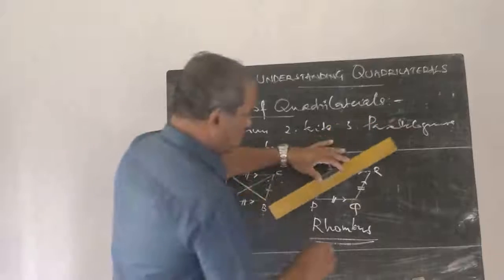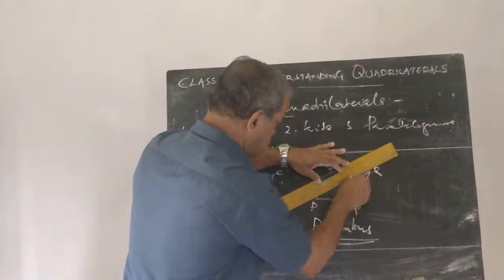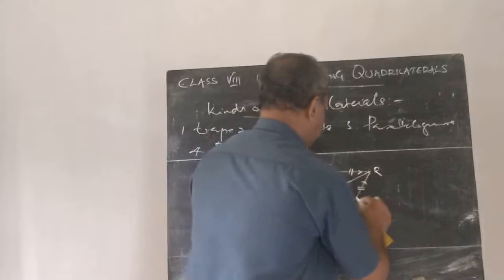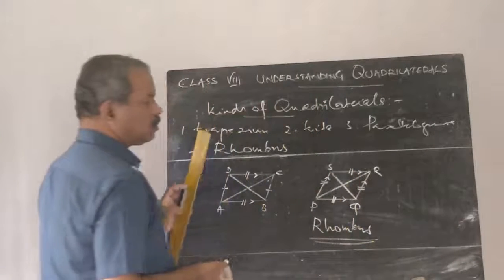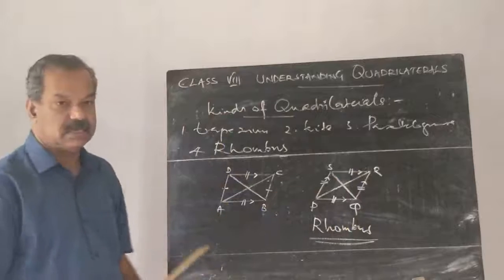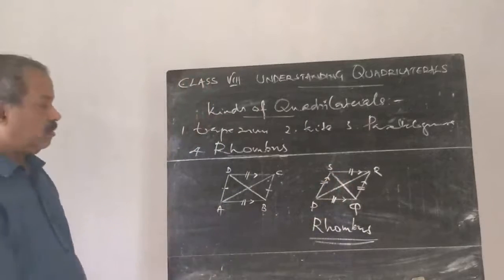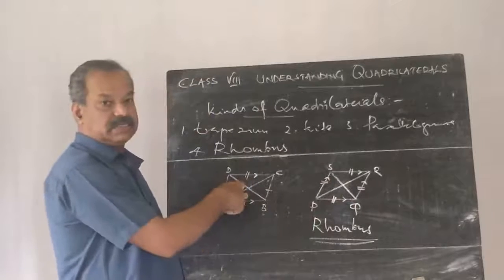So that means diagonals of a rhombus also bisect each other, because diagonals of a parallelogram bisect each other.